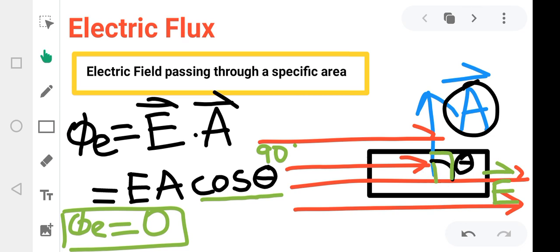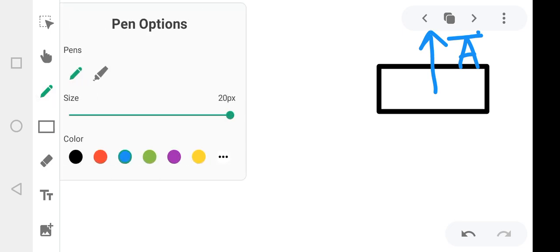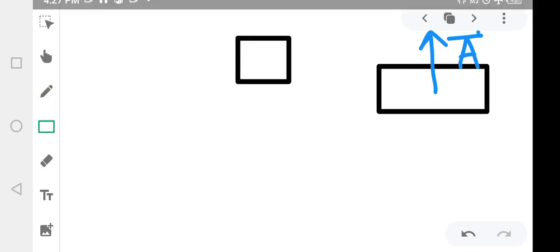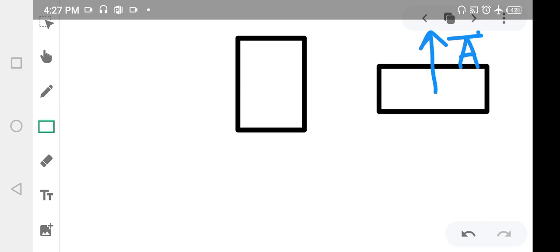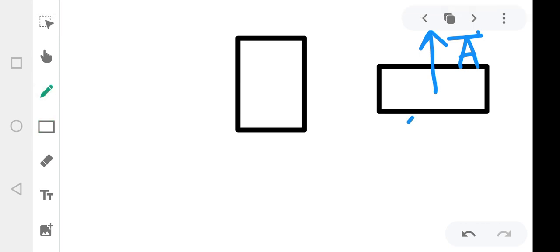So let me take another example. I will again take the body here, and let me take the area vector. The surface area is this. What I will do is rotate this body from horizontal to vertical. Now it is vertical.